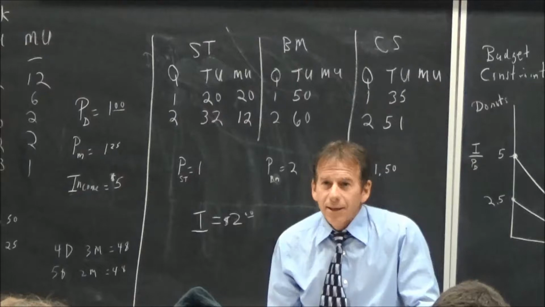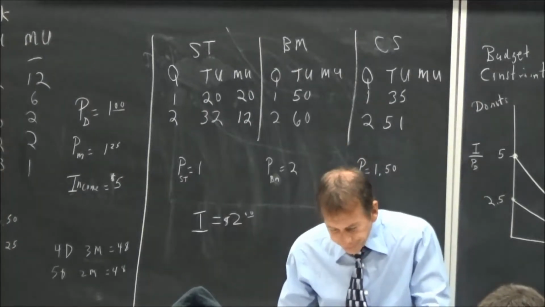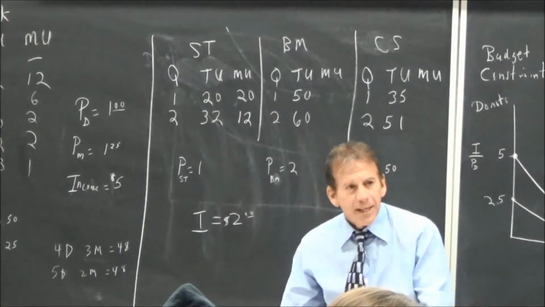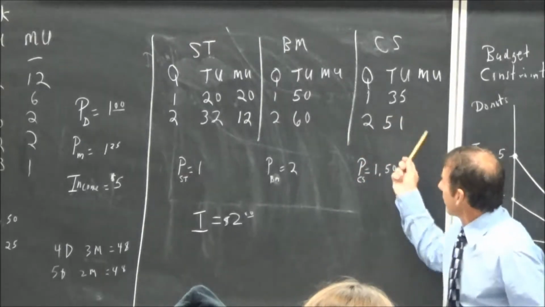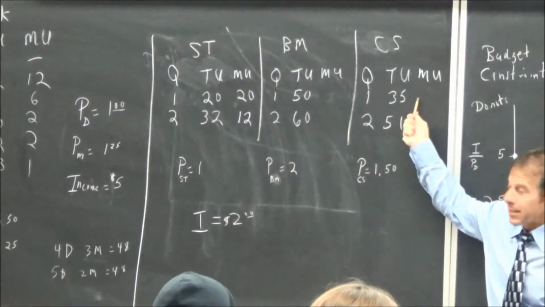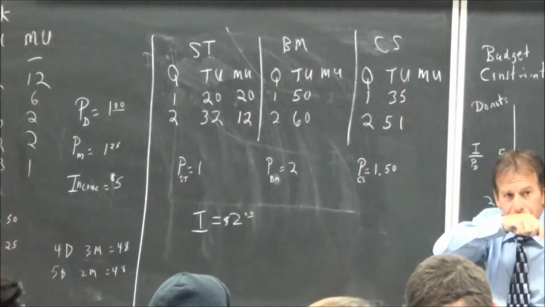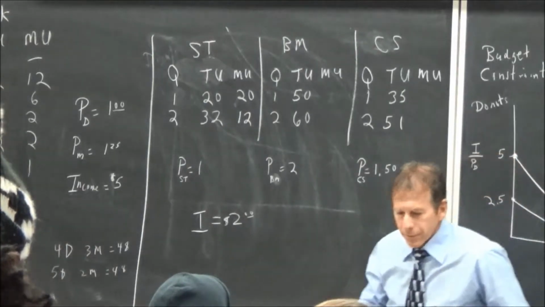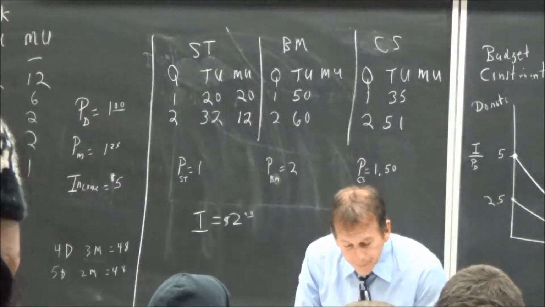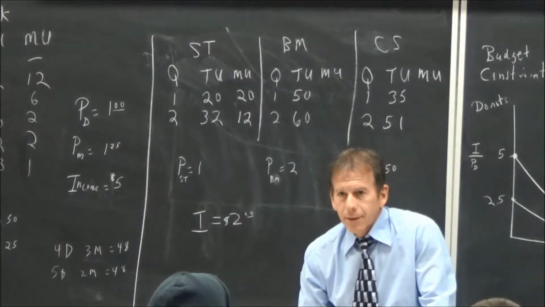Anybody have, go ahead, number 5? If this is up to $1 here, then that means it's going to get the marginal utility for $1 for his first chicken sandwich. It's going to be 35. Okay. These $2.